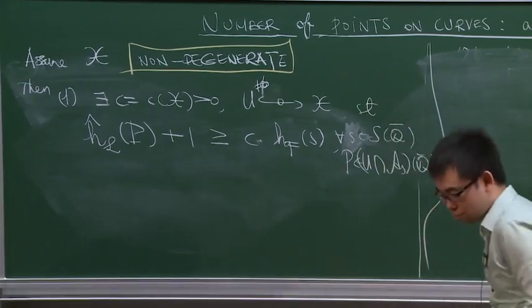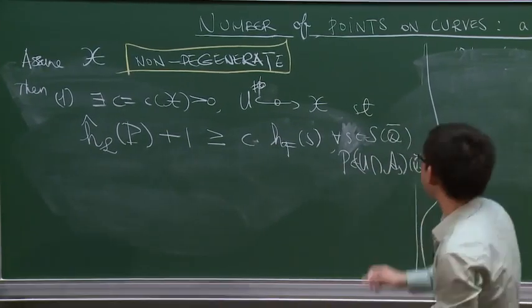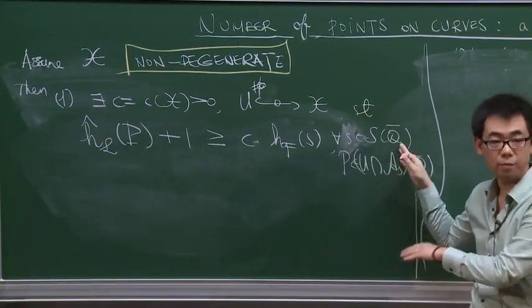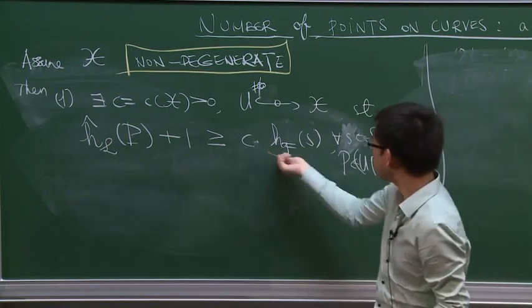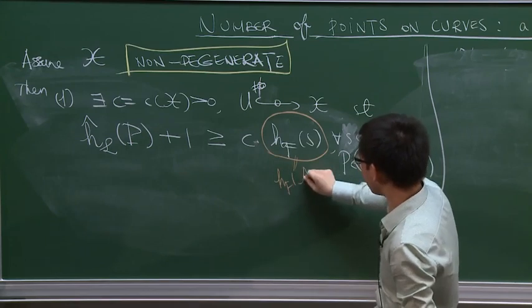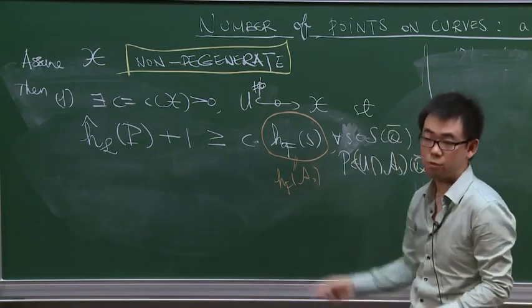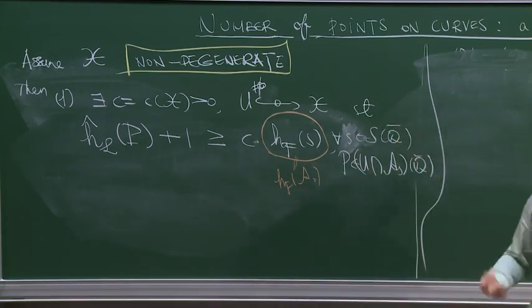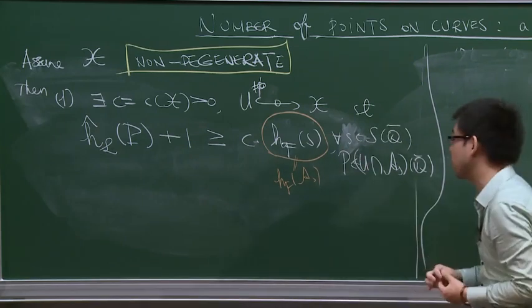First of all, small s is just a point on the base curve. So this function actually means h_{A_s}. But I write it in this way to emphasize that this function is completely on the base.